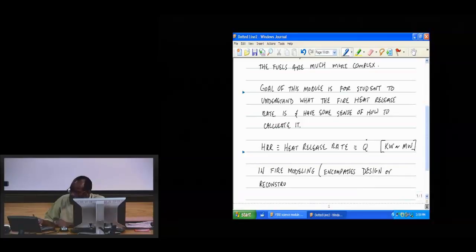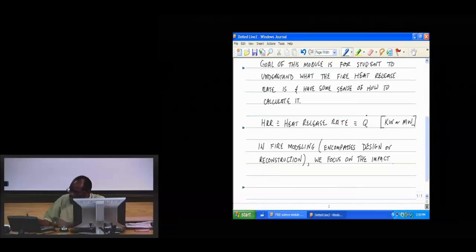So we focus on the impact of the burning process, and we use a simplified model for the thing that's burning.